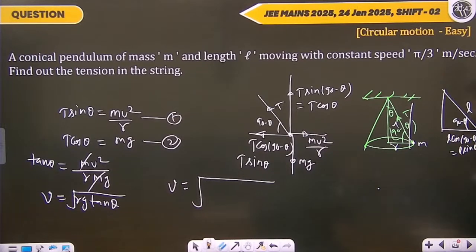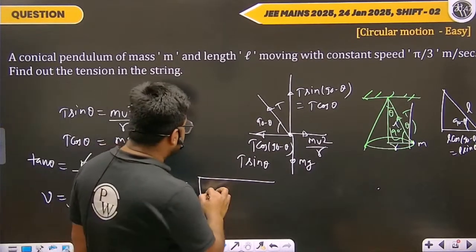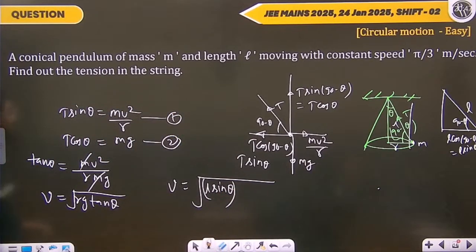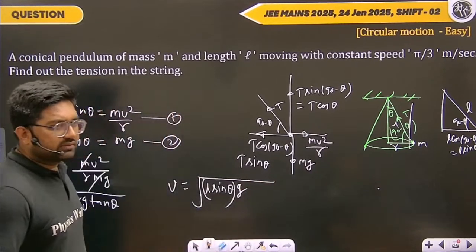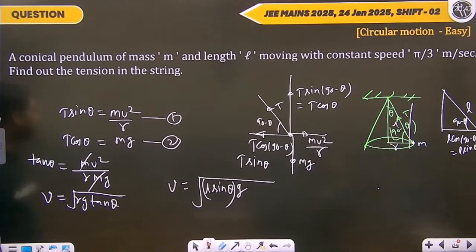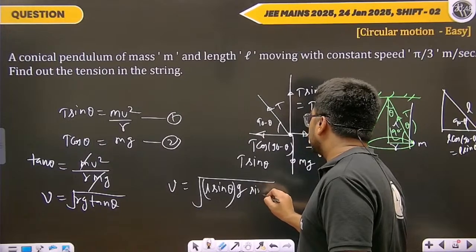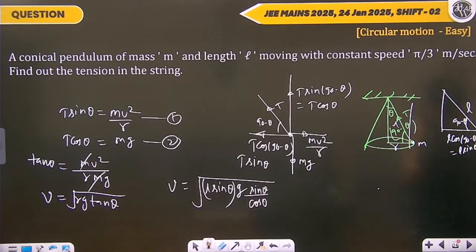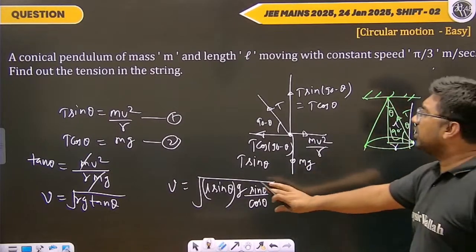We have v equal to square root of r g tan theta, and r is L sin theta, so v equals square root of L sin theta times g times tan theta, where tan theta is sin theta by cos theta. Given the value of V, from here we can get theta.